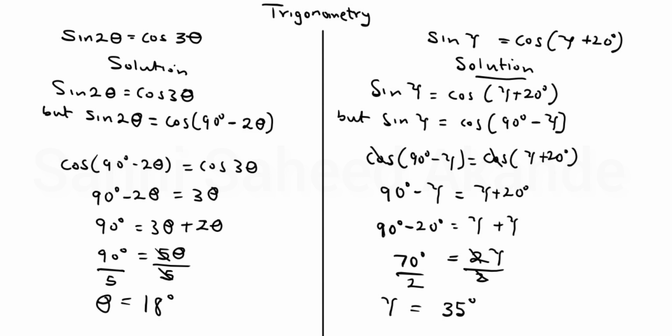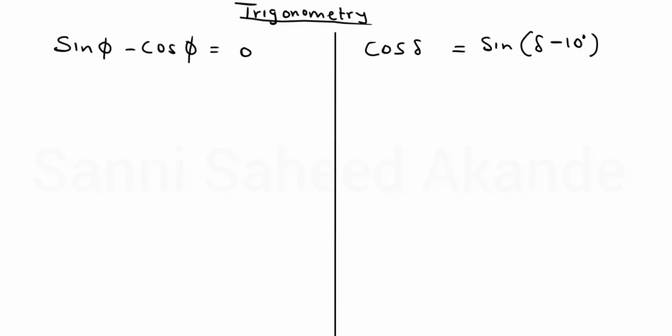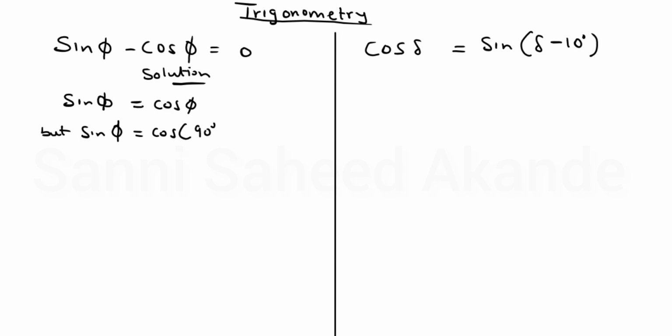The next question is sine phi minus cos phi equals 0. Solution. So this one now, I will first of all rearrange so that we have sine phi. I will take this minus cos phi to the other side so that it becomes cos phi. But you recall that sine phi, according to the formula we proved the other time, is equal to cos open bracket 90 degrees minus phi.